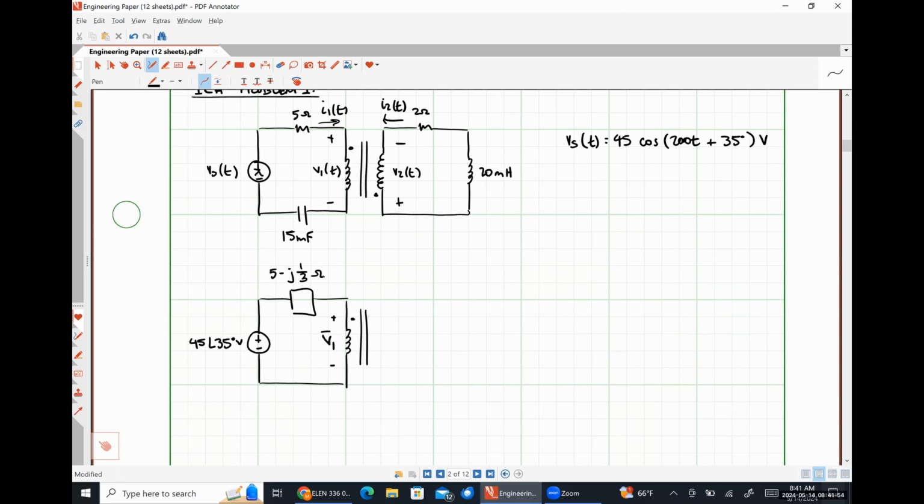Yep, okay, so negative 1/3. So I'm just going to lump those two together as a single impedance. I'm just calling that 5 minus J 1/3 as kind of my primary loop impedance.